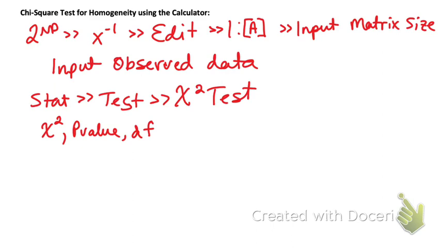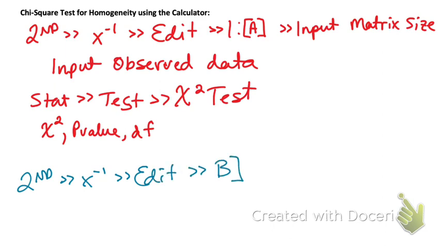Go back to the matrix, everybody. Back to the matrix. Go back to the matrix. Second X minus 1. Second x minus 1. And then click enter. Now, ladies and gentlemen, I need you to go over to edit, but this time go to the B matrix. Well, looky there.